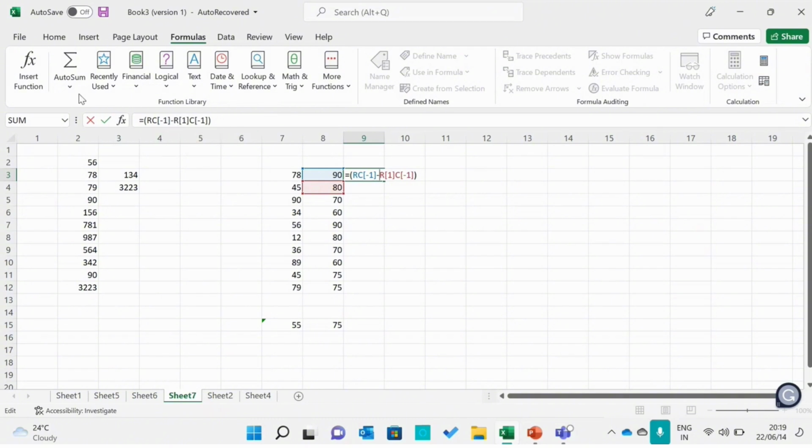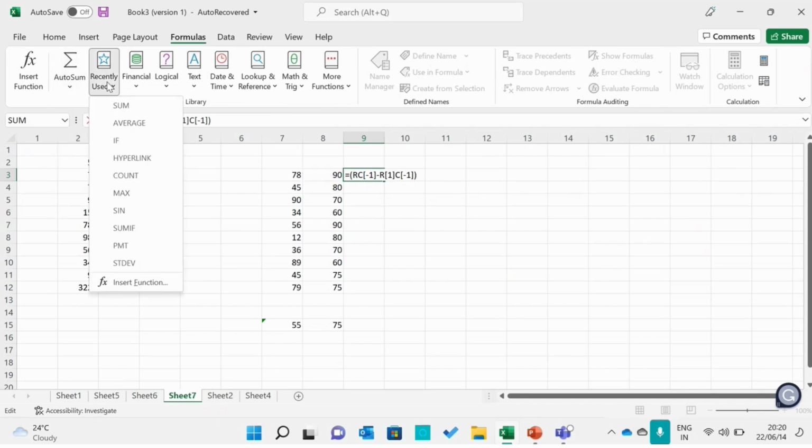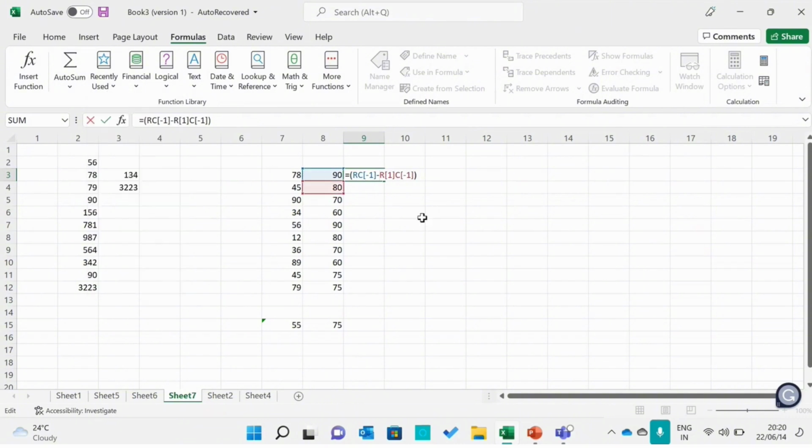As you can see, there is no subtraction formula. Even here, if you are using the recently used, you see sum, you see average, but you don't see subtraction. Does that mean that Microsoft Excel does not use subtraction, or people don't use subtraction in Microsoft Excel? Well, you are wrong. Subtraction is something that is used, but not as frequently.